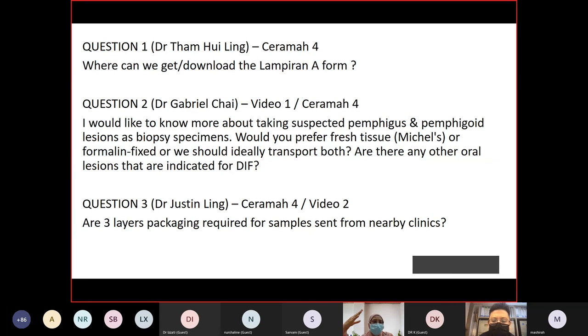Sometimes there may be a histological dilemma in lichen planus. You can do DIF for lichen planus because it has a specific pattern as well.